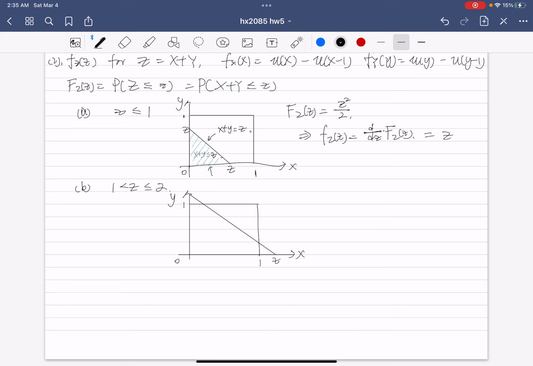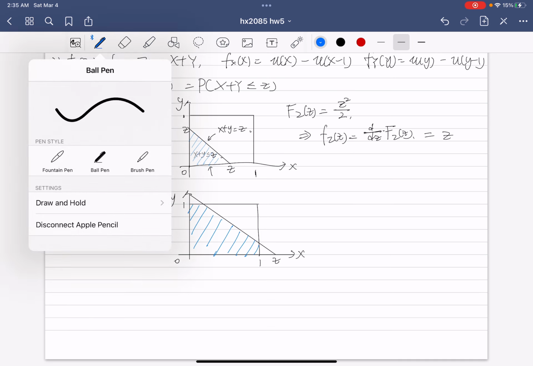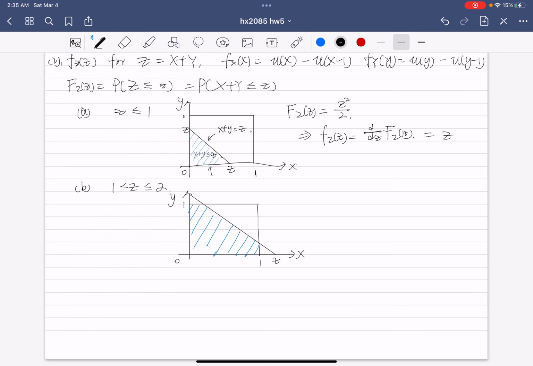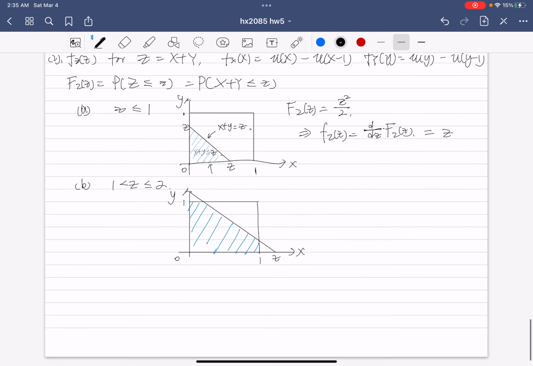So here is z, and we need to calculate this area. It's very easy.